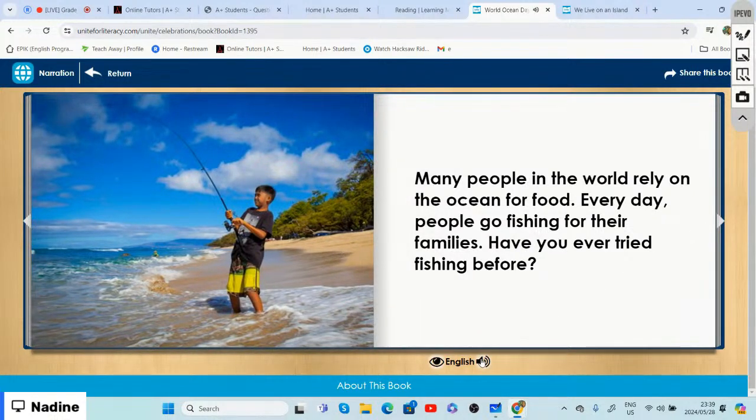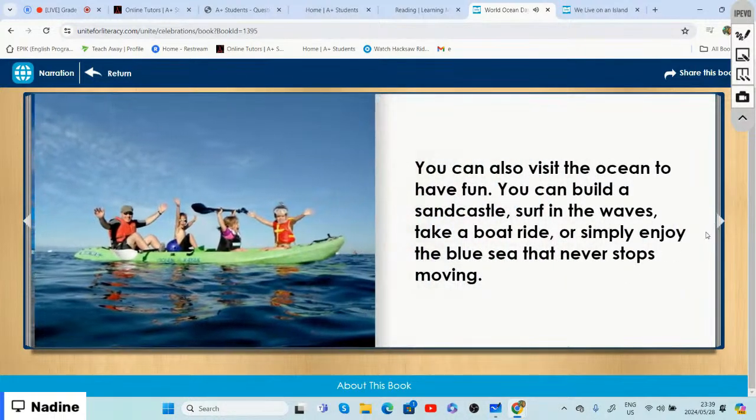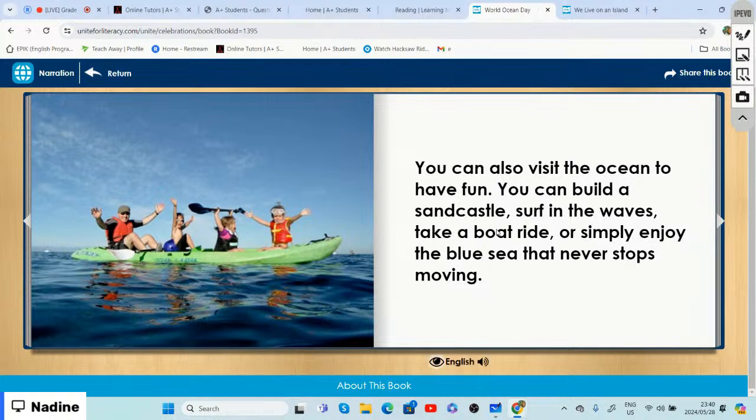Many people in the world rely on the ocean for food. Every day, people go fishing for their families. Have you ever tried fishing before? You can also visit the ocean to have fun. You can build a sandcastle, surf in the waves, take a boat ride, or simply enjoy the blue sea that never stops moving.